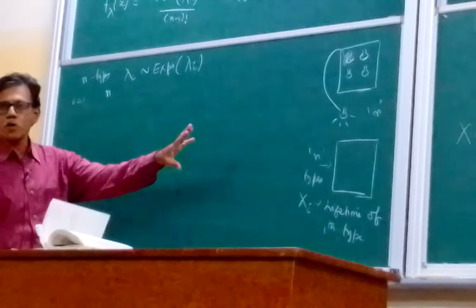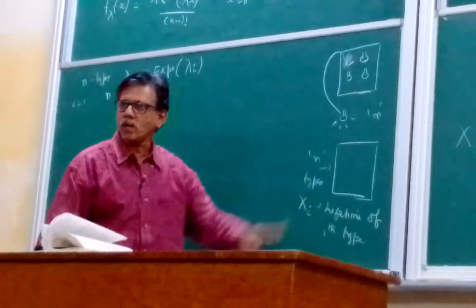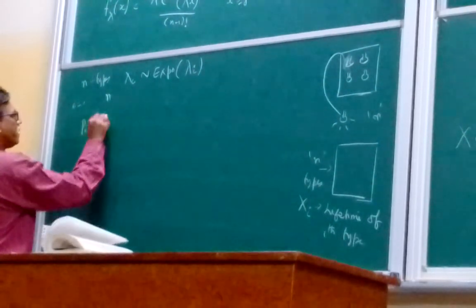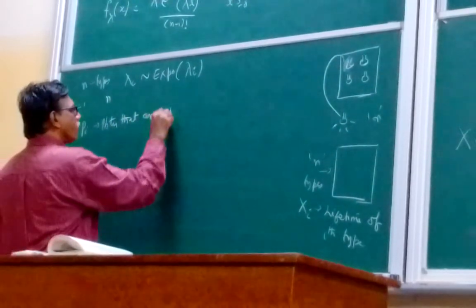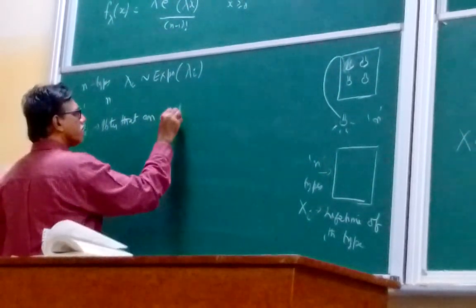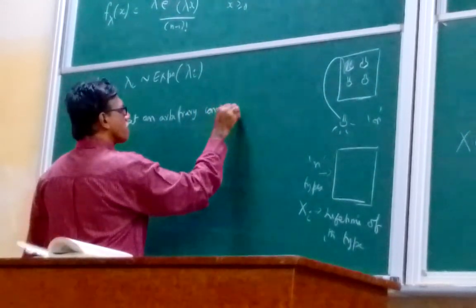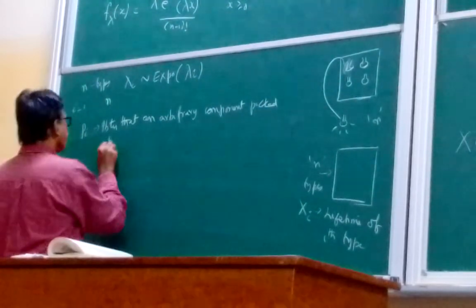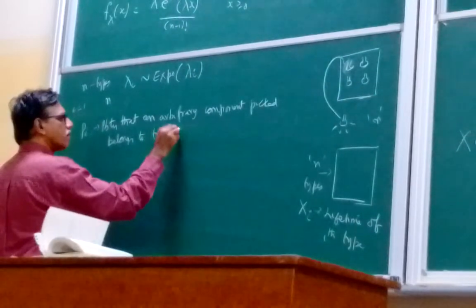Since I know the proportion of the components, we can write p_i is the probability that an arbitrary component belongs to type i.